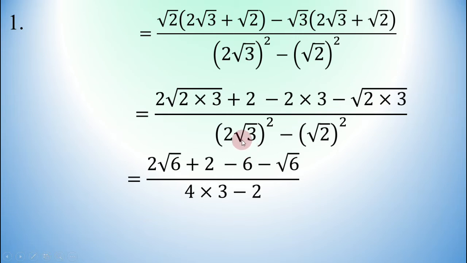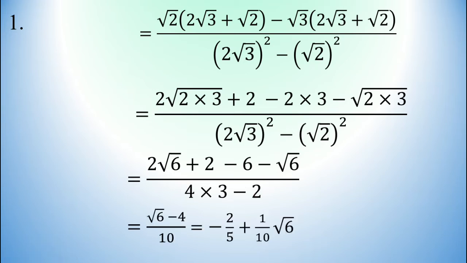Now see the denominator. (2 root 3) squared: root 3 squared is 3, and 2 squared is 4, so 4 into 3 is 12, minus root 2 squared, which is 2. In the numerator, 2 root 6 minus root 6 can be simplified as root 6.